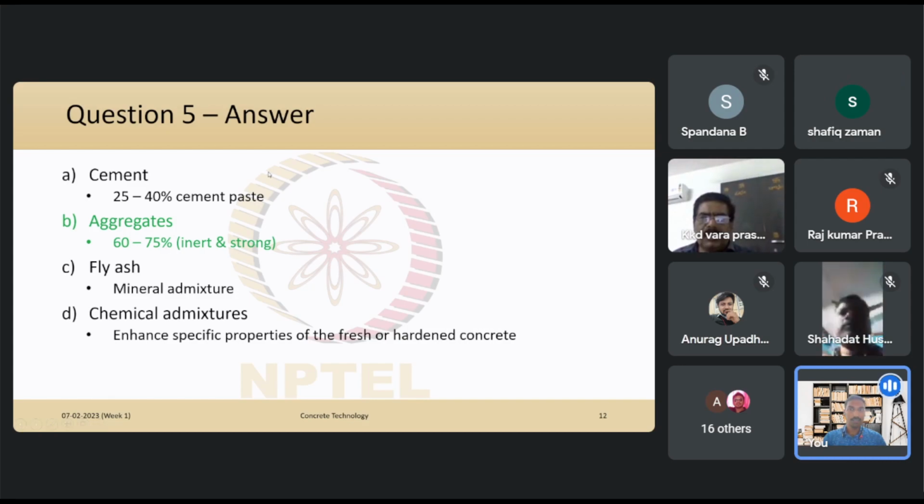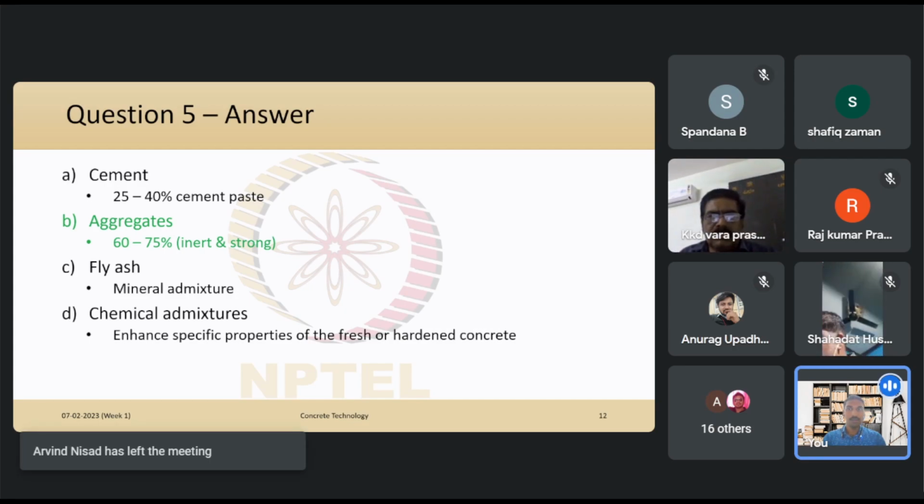These aggregates are inert and strong material, and therefore they provide the skeleton of the concrete itself and the stability to the concrete.